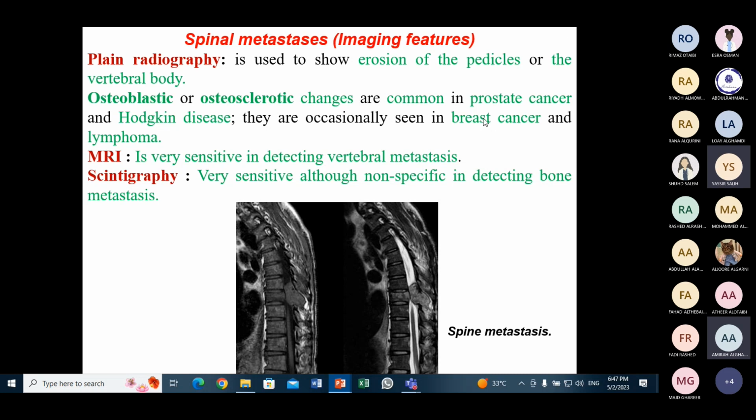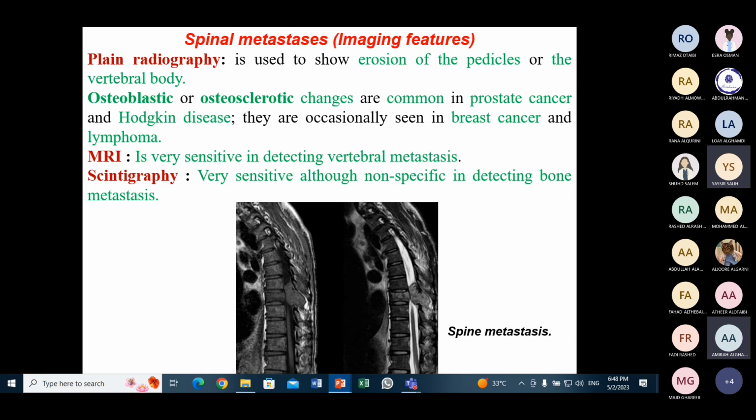But prostate and breast are the most common causes of osteoblastic or osteosclerotic vertebral metastasis. The most important thing is to remember that osteoblastic and osteosclerotic are the same term, meaning the vertebra is very dense. So prostate cancer is one of the causes of an osteoblastic or sclerotic vertebra.